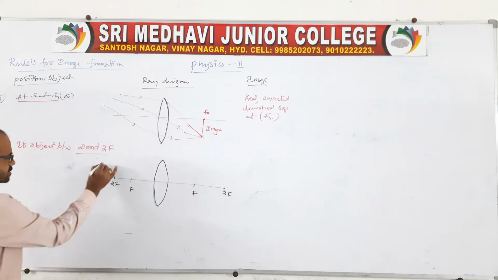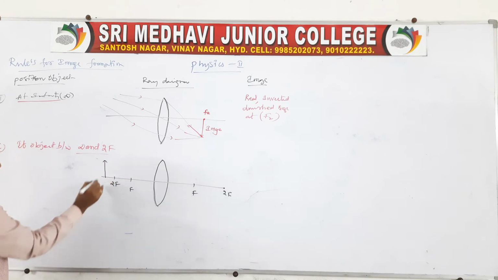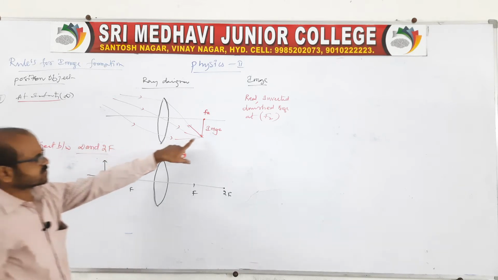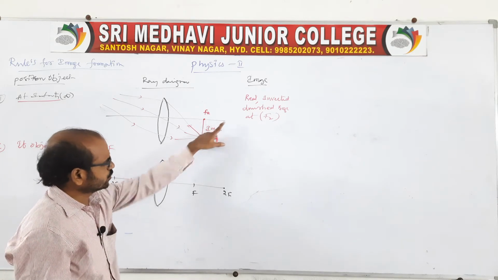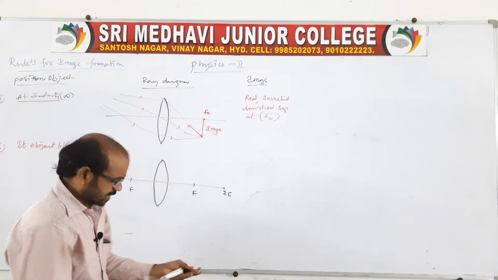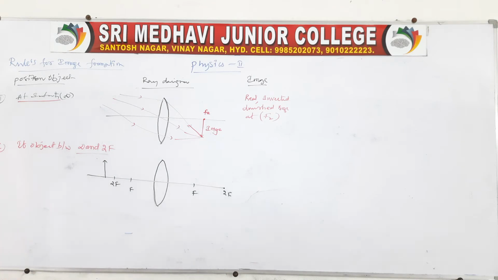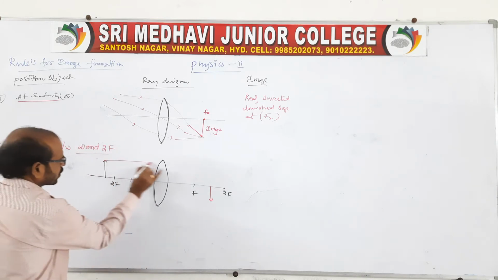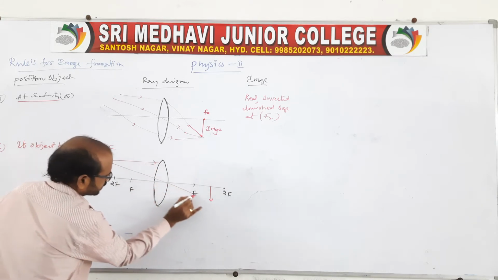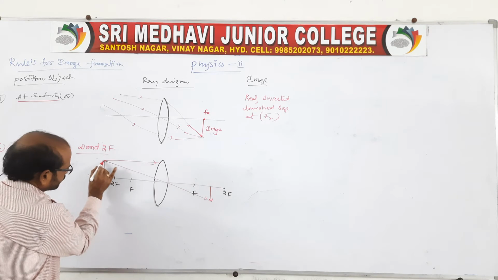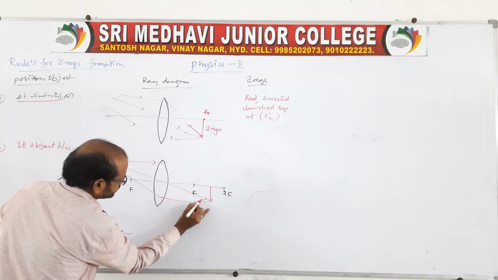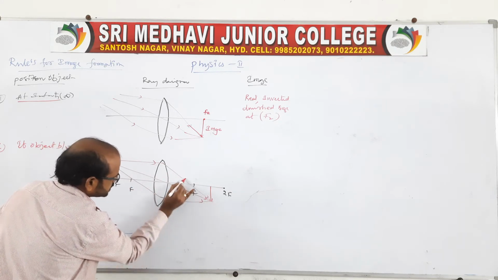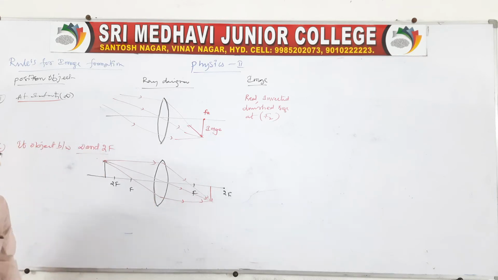Now the object is between infinite and 2f. The position of image also changes from f2 to between 2f and f. The image will again be real, inverted and diminished, between f and 2f. Again you draw a ray diagram which goes like this, and the image forms like this.